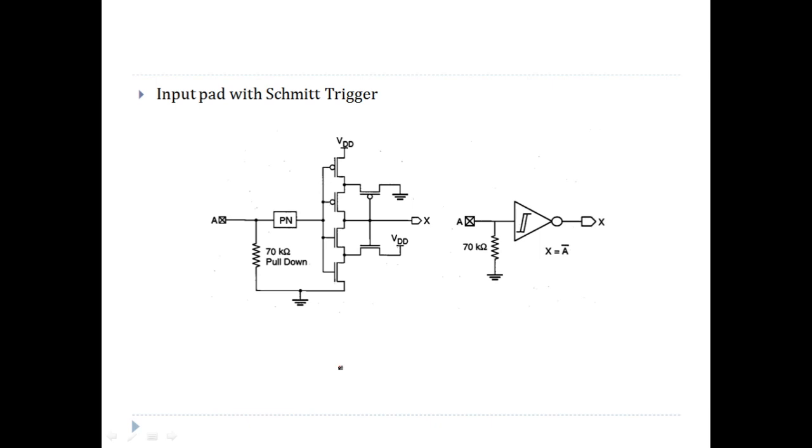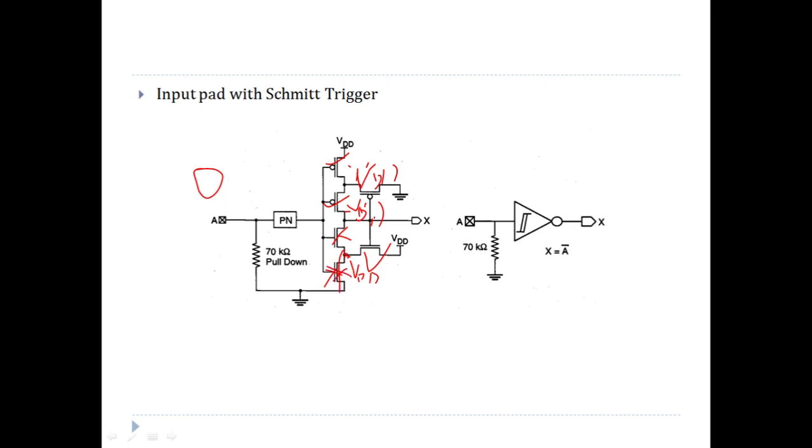Right? Now, next, let's say logic 0 is applied here. If logic 0 is applied, this will be on, this will be on, this is off, right? So the voltage at this will be logic 1, that is VDD, and the voltage at this will be VDD. Because of this, this will be on. As this is on, the voltage at this point will be VDD. It won't be pulled down.